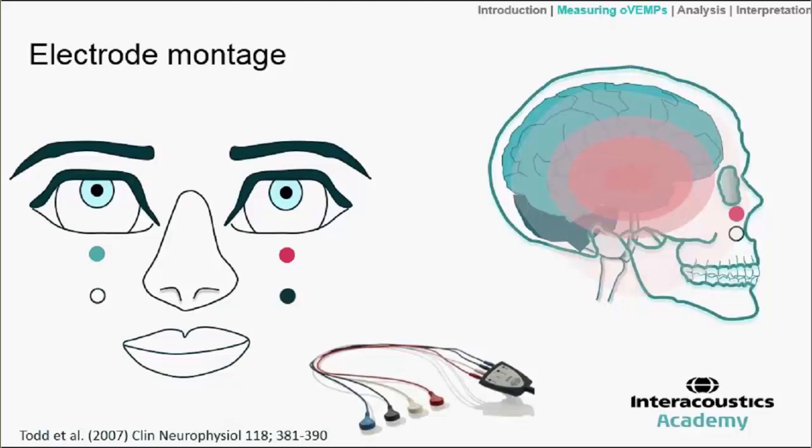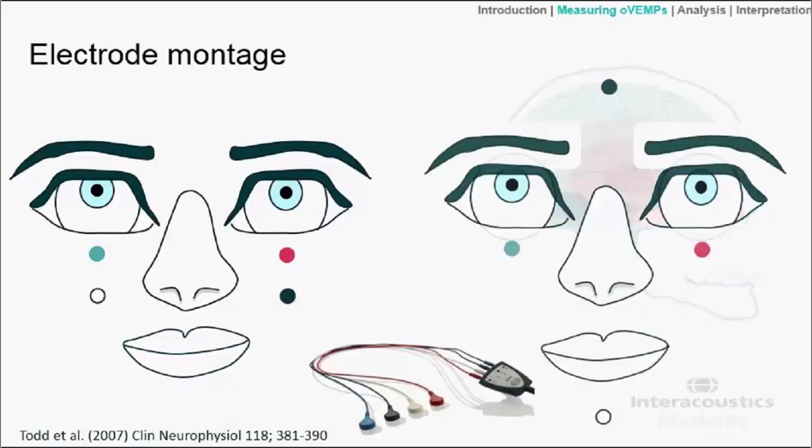Perhaps a more elegant solution is just to have a midline reference electrode, and so that's what we're showing on this right hand side of the slide now, where we see the reference electrode on the chin, moving the reference electrode further away like this. Now it's on the midline, so there's no need to move the electrodes when we switch the ears of the test.